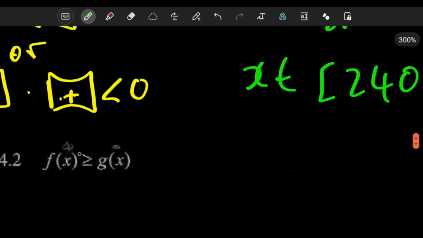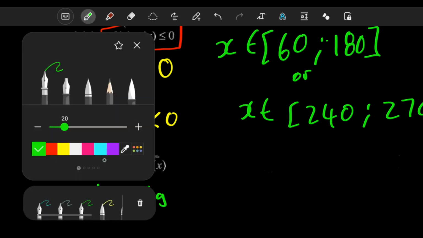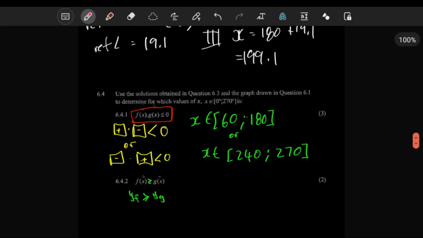This kind of question is almost similar. Here you just want to work out where the y values of f are above or equal to the y values of g. The big idea is you still use the same image.